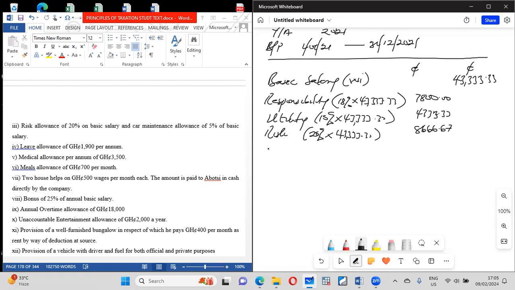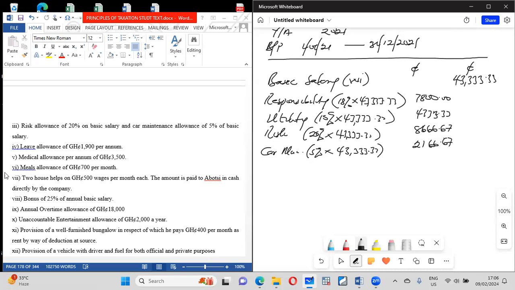Car maintenance allowance, 5%. The examiner can get so many students to get the basic wrong, and that will be the downfall of many. So this one is like I'm dividing those figures now. So it will be 21,666.67.